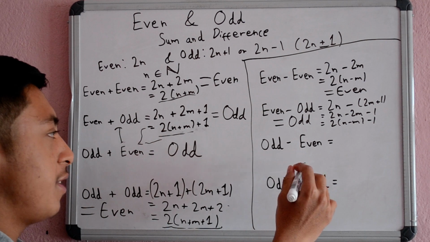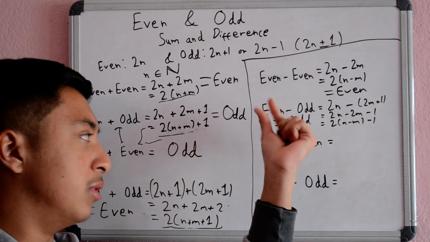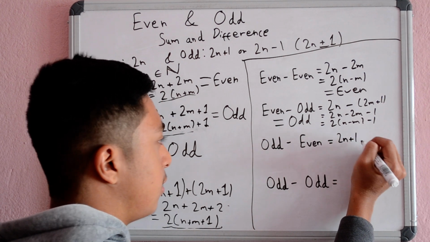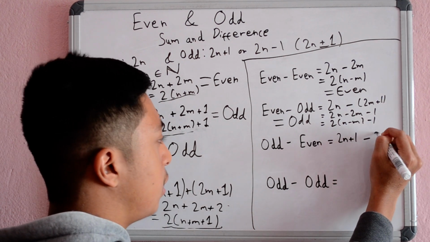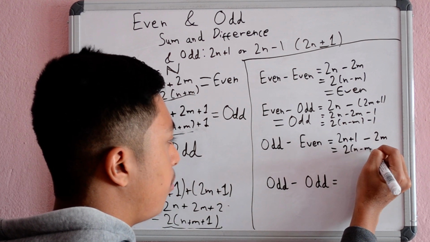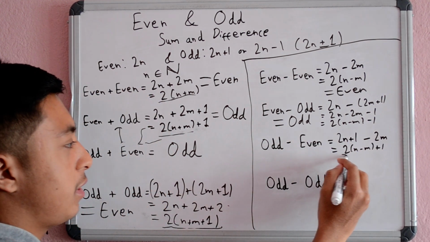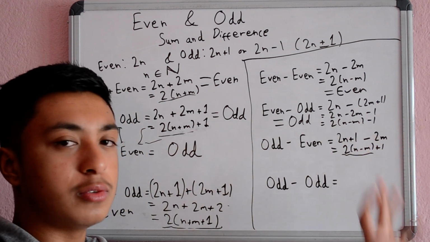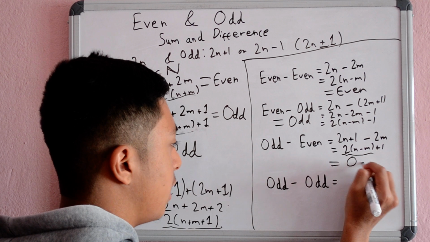Now odd minus even. It is in fact quite similar to this, but I'll just write it anyway. 2n plus 1 minus 2m. So just 2 times n minus m, plus 1. So in this case we get an even plus 1. It doesn't matter whether it's minus 1 or plus 1, because in the end you'll just get an odd number.